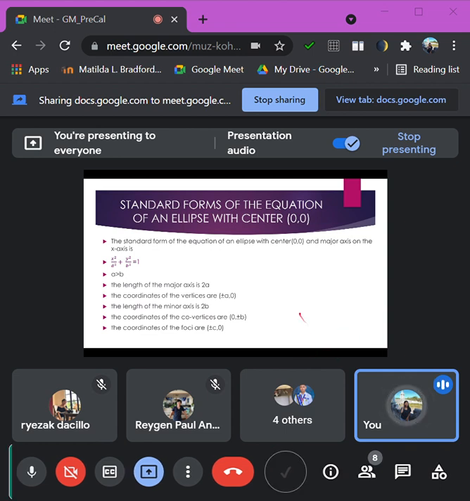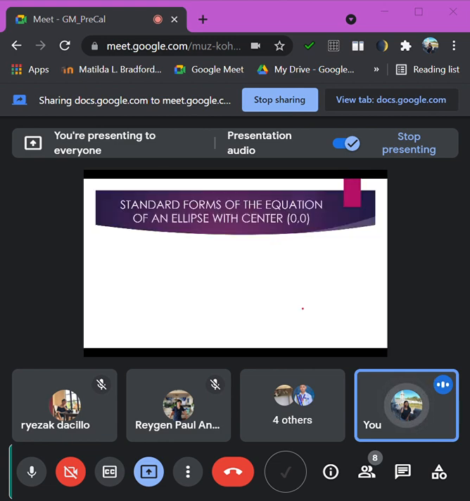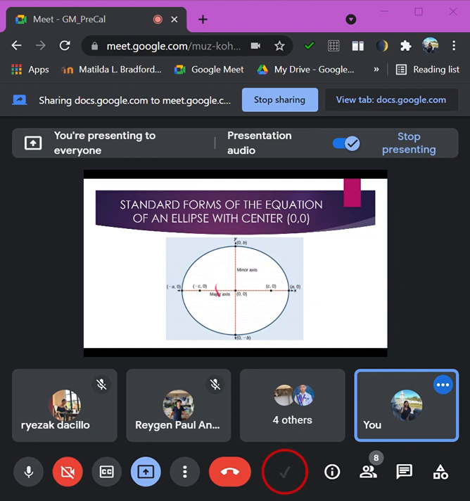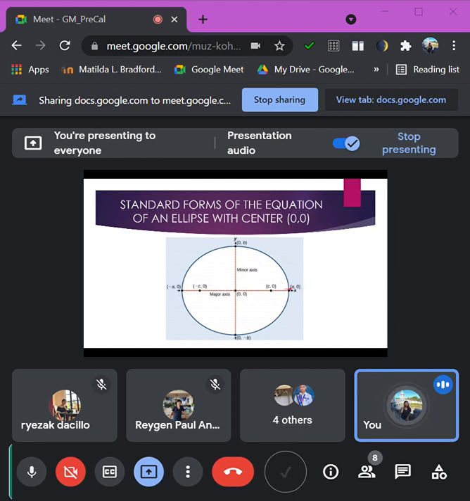Okay, none yet, I guess. So now this time, let's have here the graph. This is the graph, class. It is horizontal. So we have there our center, which is 0, 0. And if we get the foci, we are going to use C and then 0, and then negative C, 0. Okay, those are your foci. This one uses the C. And then our A is the vertex.